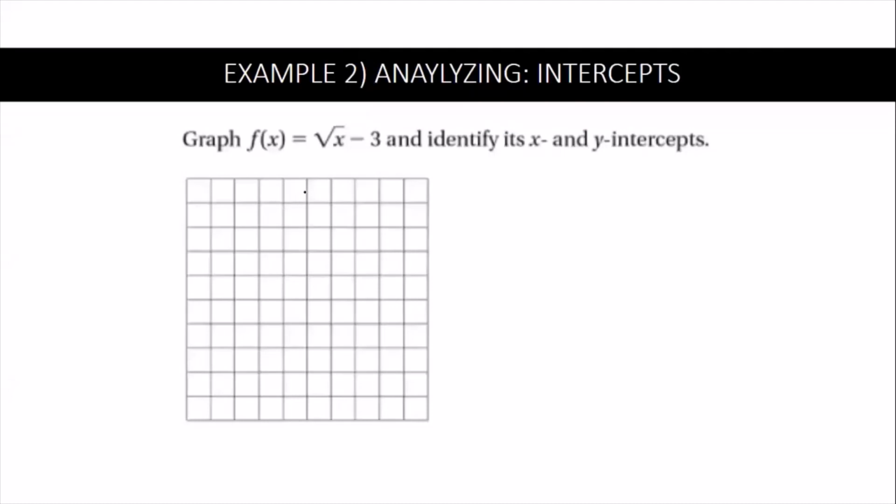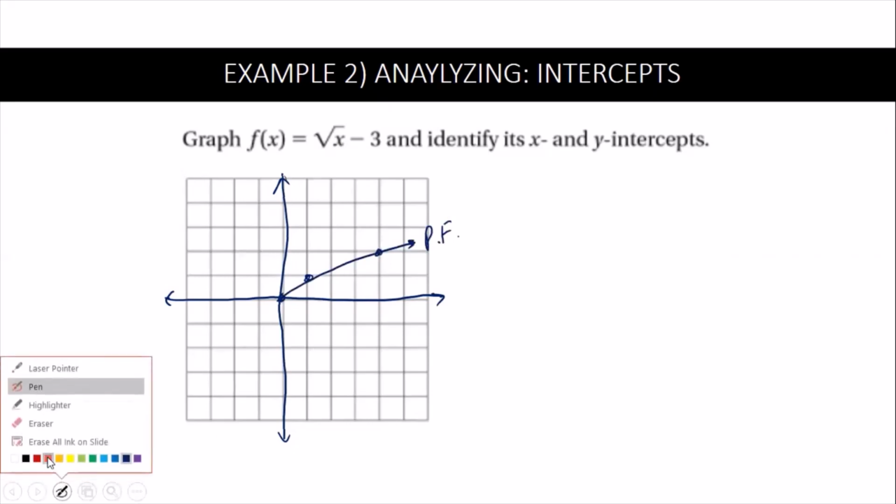So here we have the graph, square root of x minus 3. Draw the straightest lines you've ever seen. And I'm going to put in my parent function real quick because it doesn't take that long. So here's my PF, my parent function.